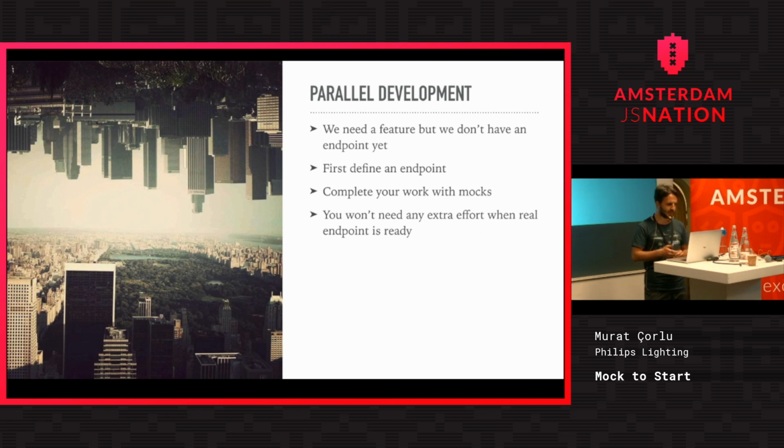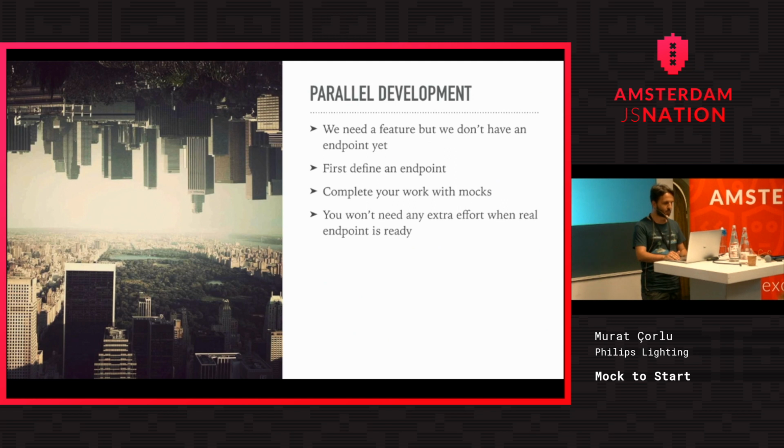Then the great part is when your backend is really ready, the new endpoint is ready, you will not need to do anything else for deploying your code, because you should be already ready for that new endpoint with your code base. Then you will just deploy it. That gives a very big power and very big flexibility.